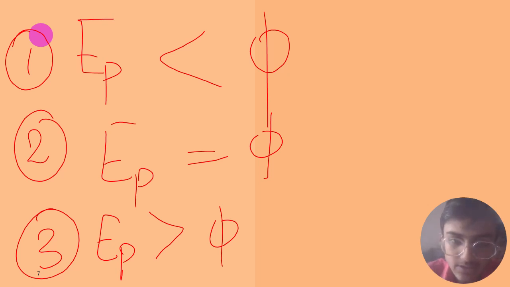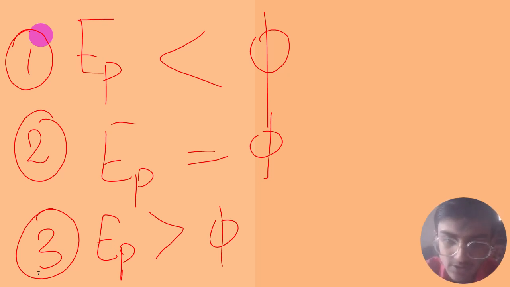Now, as we discussed, the essence of work function is that it is the minimum amount of energy required for photoelectric emission. But if the photon is coming with an energy less than that minimum energy, which is the bare minimum requirement for photoelectric emission, and it doesn't match up with the work function, then there will be no photoelectric emission.